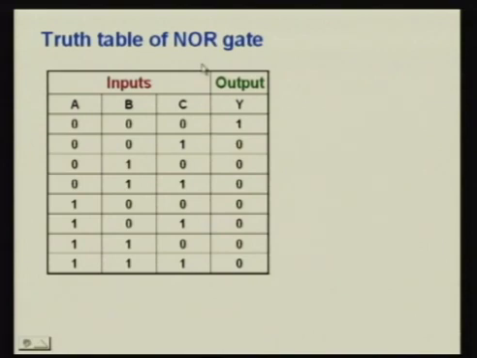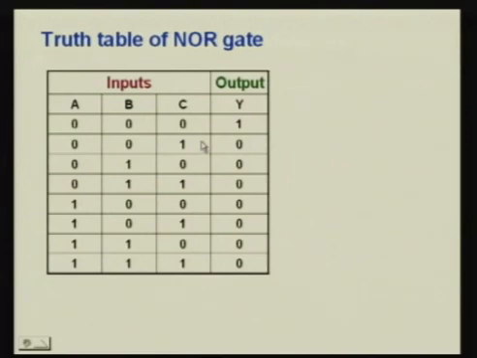Since it is inverted for the NOR gate, the output will be in 1 state. For an OR gate, if any of the inputs is in 1 state, output will be 1. Since in the NOR gate the output is inverted, if any of the inputs is in 1 state, output will be 0.